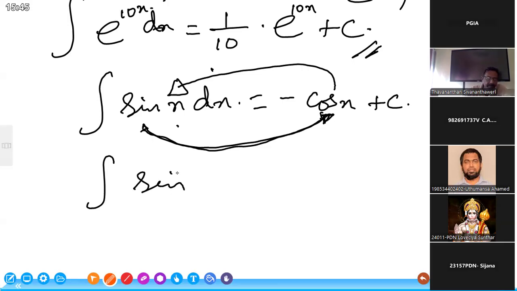Integration of sine 2x dx. Think about the exponential function that we have gone through just now. Anyone?